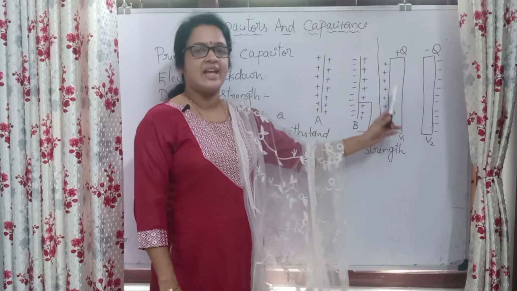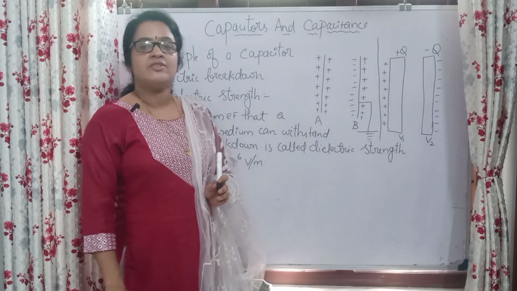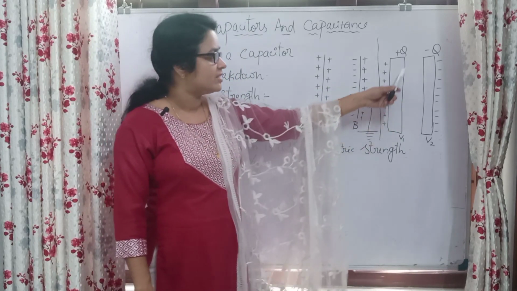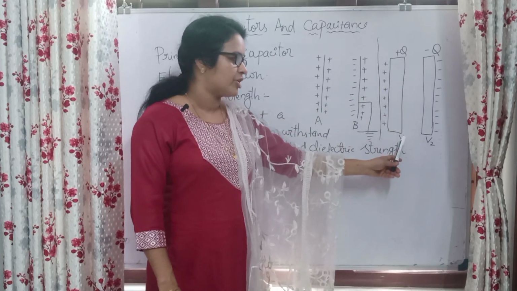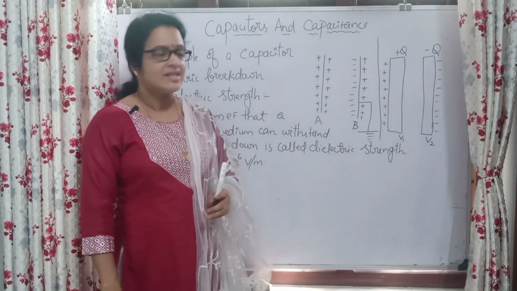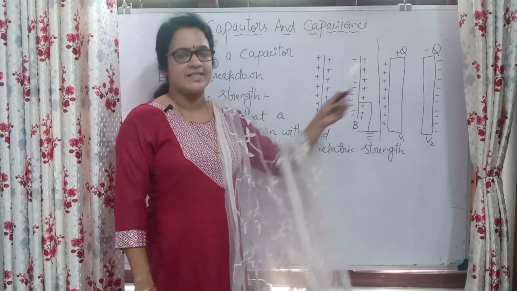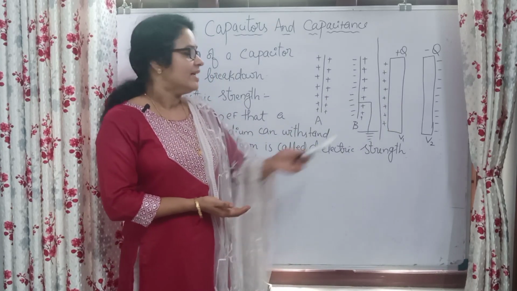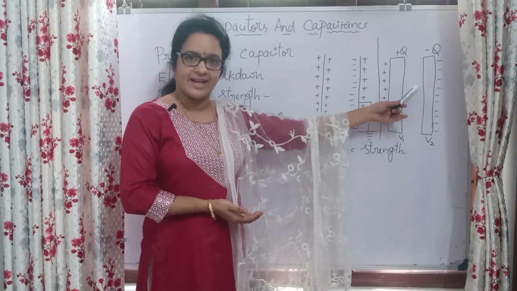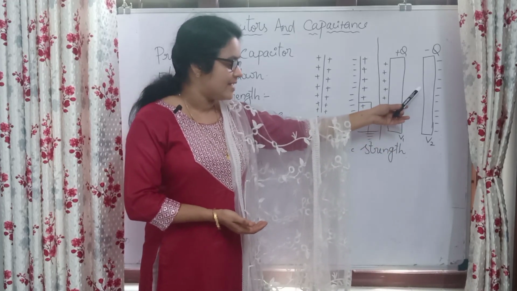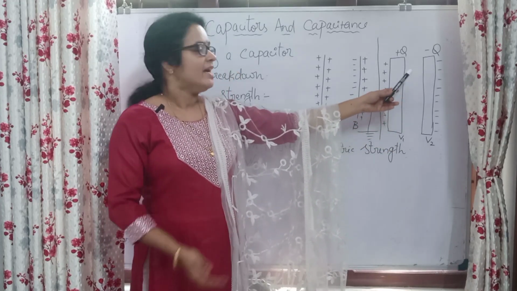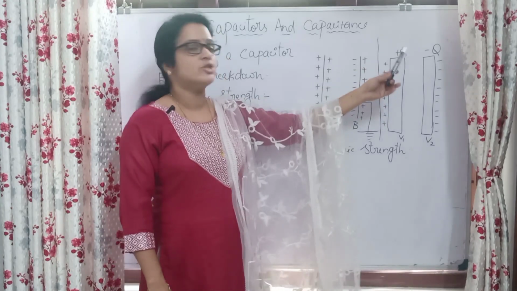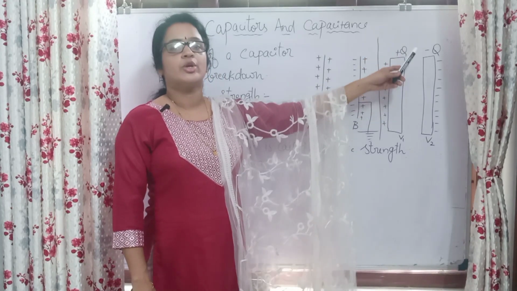So this system will act as a capacitor, and we have to know that if the charge or the potential on the capacitor increases, what will happen to the electric field inside? As the potential increases, the electric field also will increase, right? And when the electric field increases, it will have a tendency to ionize the molecules nearby.